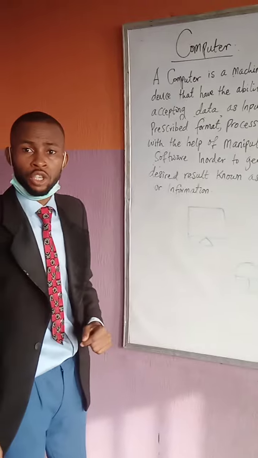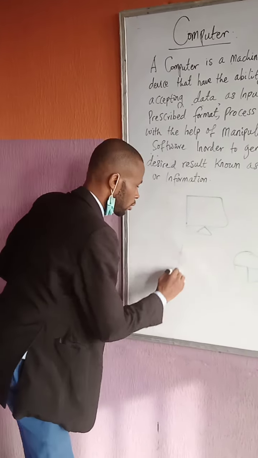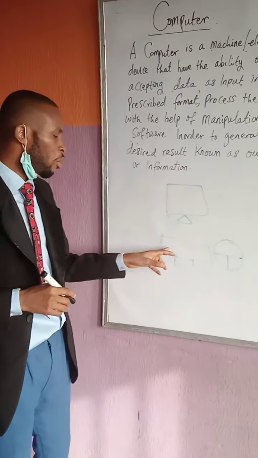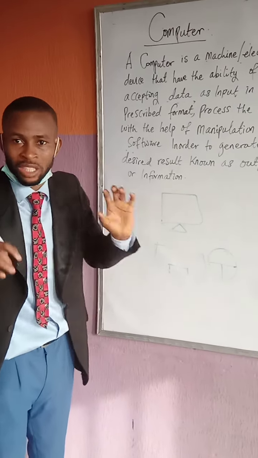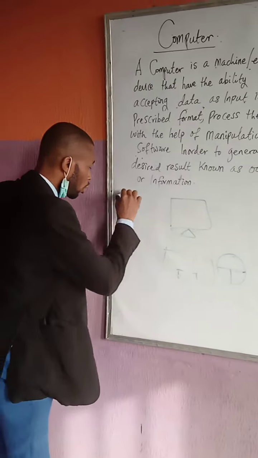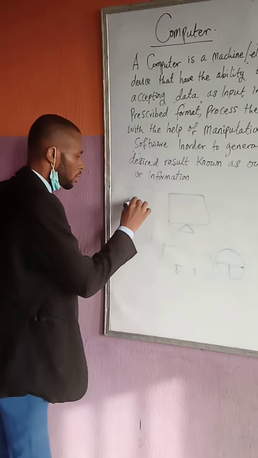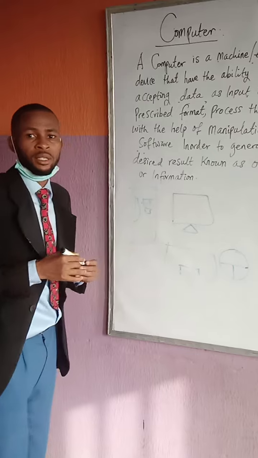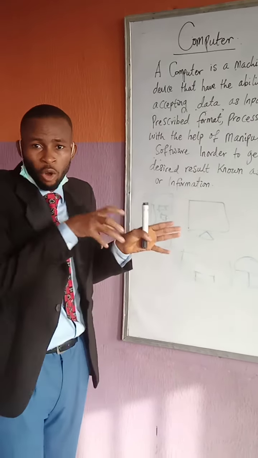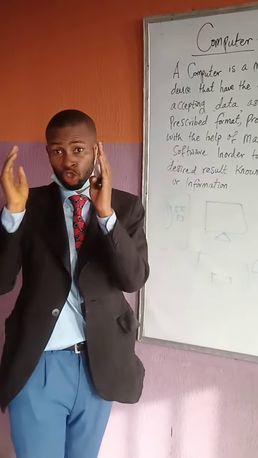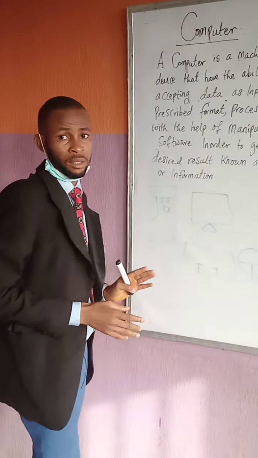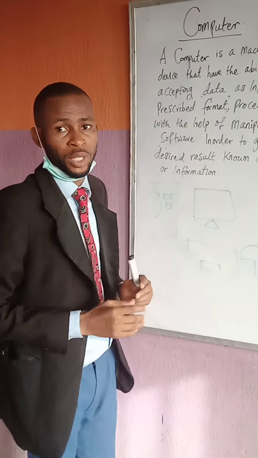Do not touch only the keyboard, because the keyboard is a part of computer, not computer itself. And do not touch only the system unit, because the system unit is also a part of computer. It's not computer itself. So if you are asked to touch computer now, you have to touch everything together. That makes what? It's a computer system.